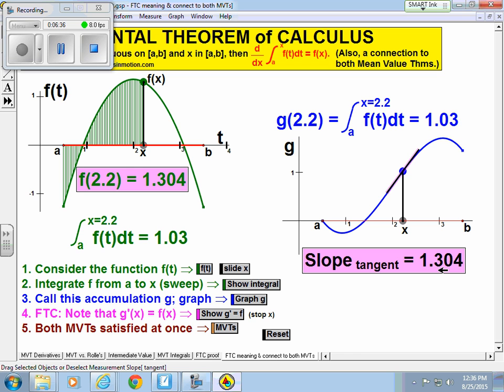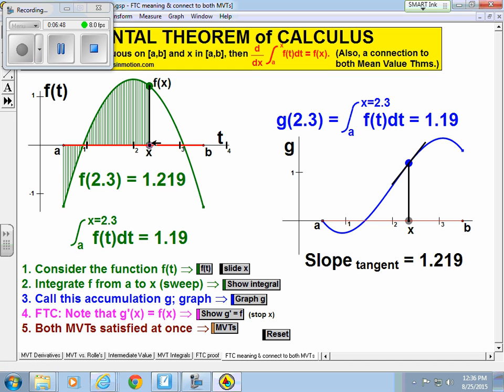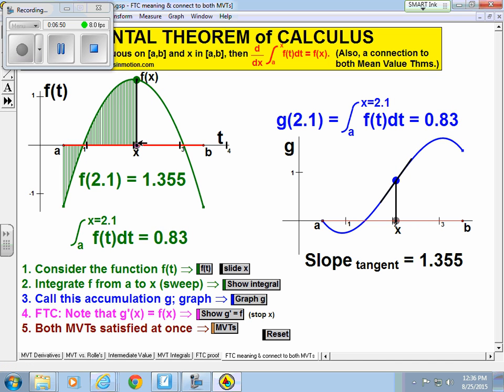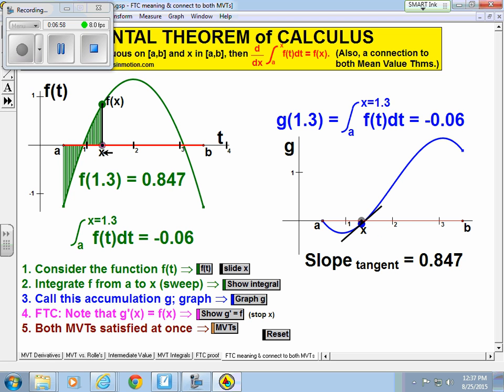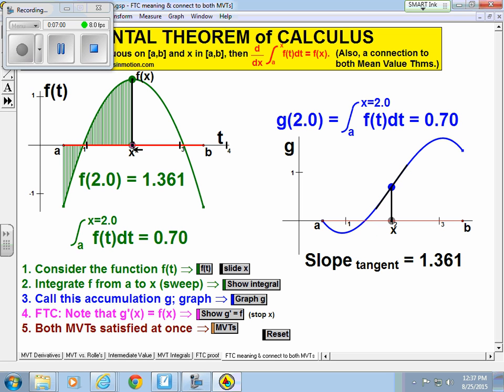This is the derivative of that area graph. What is it? The same as the y value on the original.